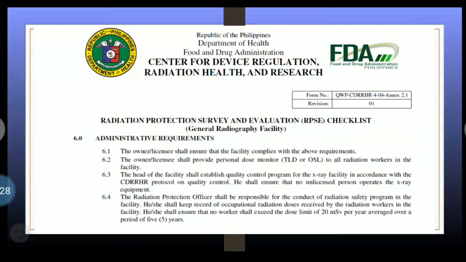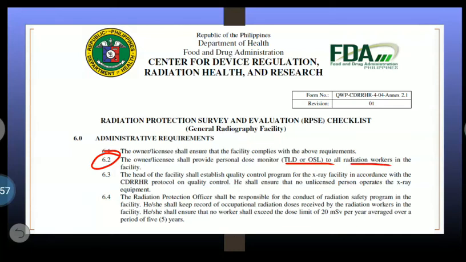If you can read 6.2, it says here that the owner or the licensee shall provide a personal dose monitor, specifically TLD or OSL. TLD is Thermoluminescence Dosimeter, or OSL, Optically Stimulated Luminescence Dosimeter, to all radiation workers in the facility.